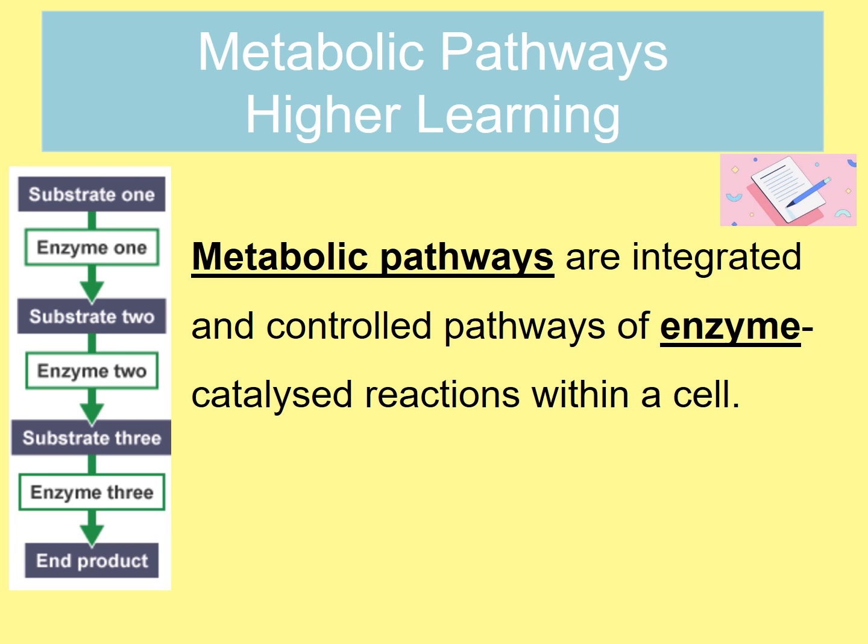So when we start at the top of this diagram and we have a substance that is acted upon by enzyme 1, the product of that reaction becomes a substrate for the next enzyme in the pathway. So it's almost like a kind of domino effect, that you start one off and then all of the enzymes are able to act in sequence because of this pathway, because of the fact that they are integrated and connected to each other.